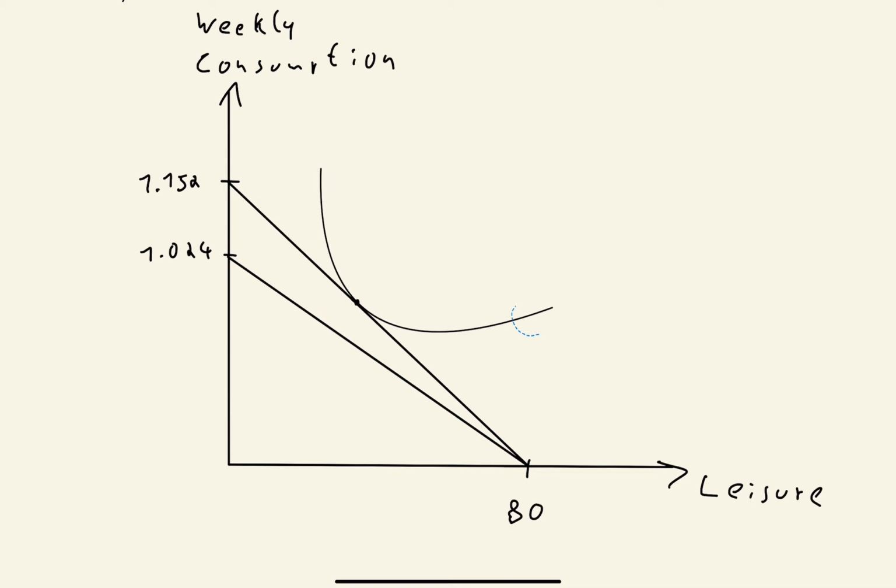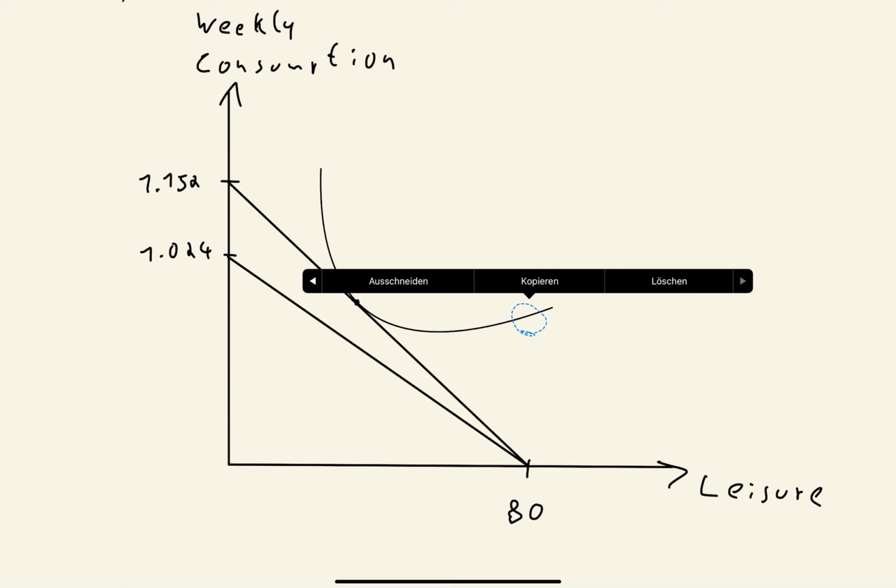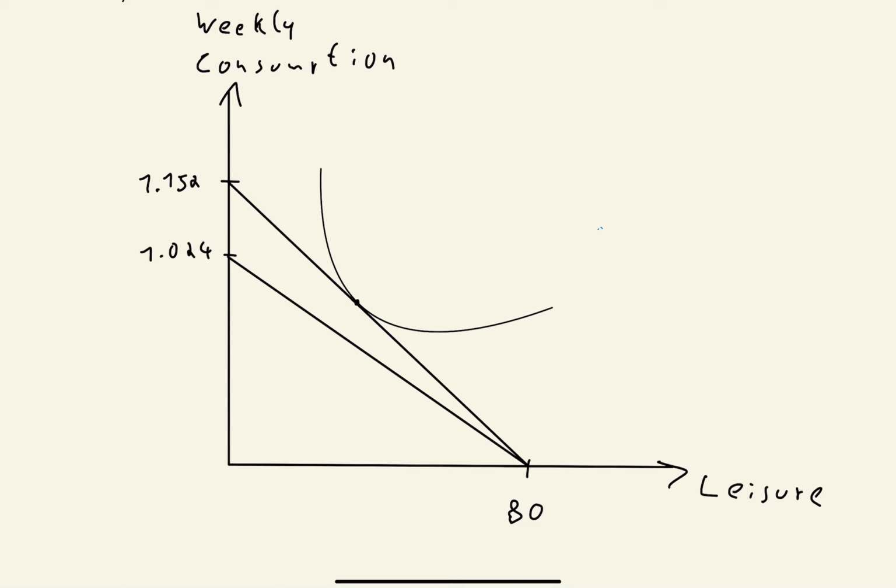And then we need a second indifference curve, which is here. Let me just shift it, hopefully in a correct manner such that we can get the desired result. Let's say it's somehow like this, even though again it's not a correct picture, but it should give you a clear idea.